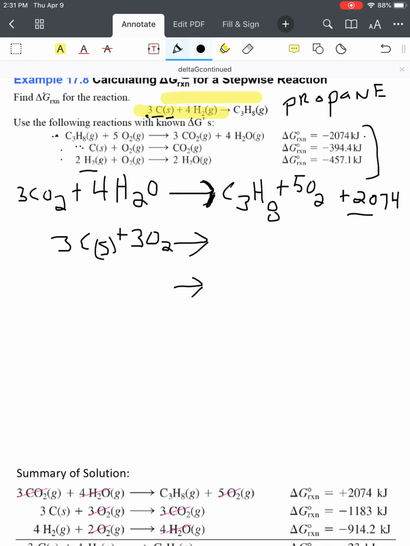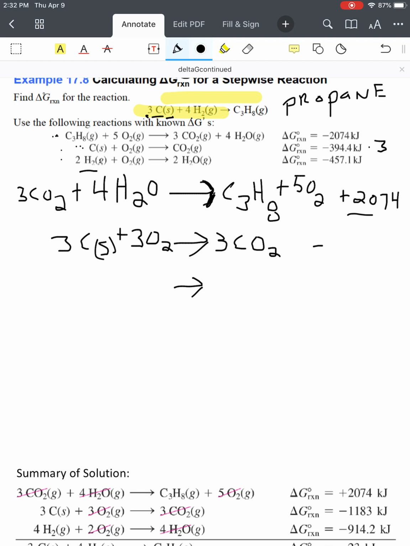Multiplying everything by 3 then yields 3 copies of CO2. Now because I multiplied that entire reaction by 3, I also need to multiply my delta G0 by the same factor.